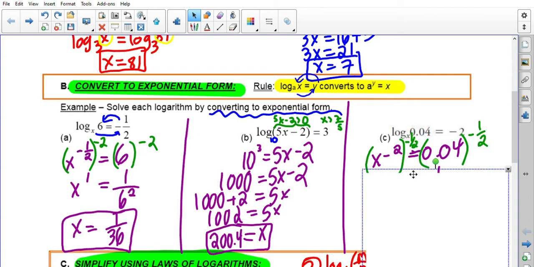You can do two things: you can first raise it to the negative 1 to get rid of that, and then square root both sides. So we're going to take the reciprocal and raise it to negative 1 over 2, because negative 1 over 2 times negative 2 would give me x to the 1.